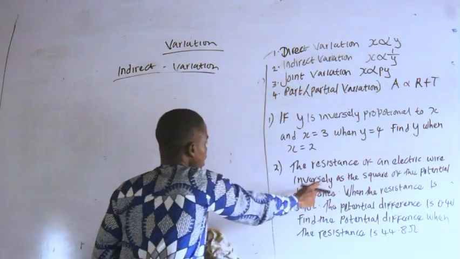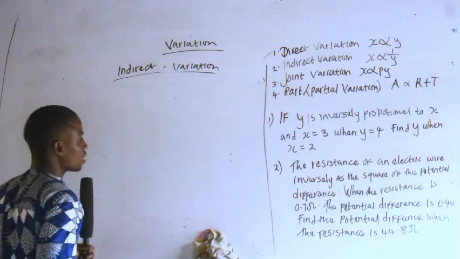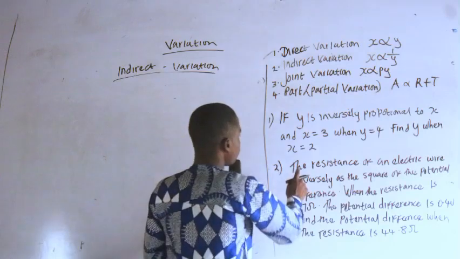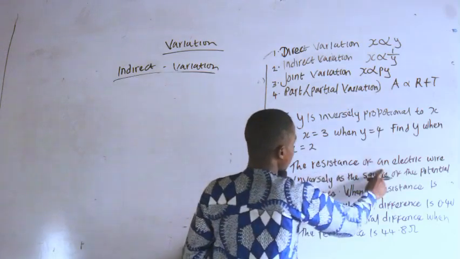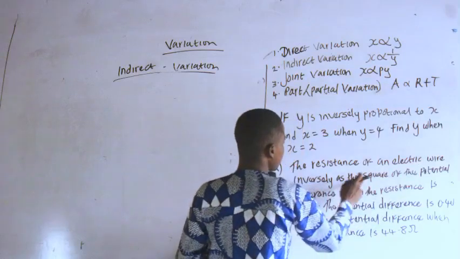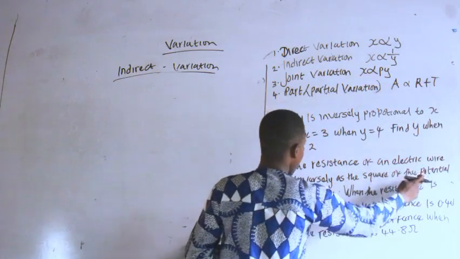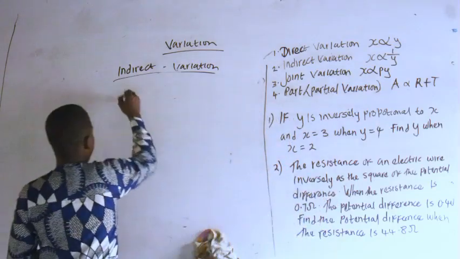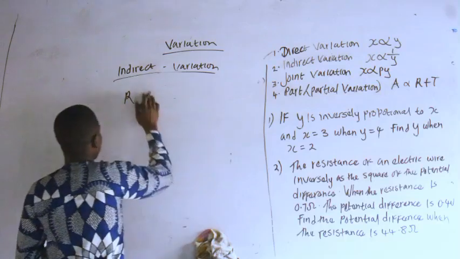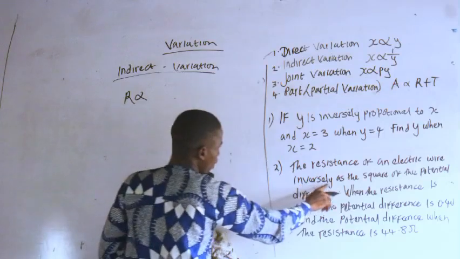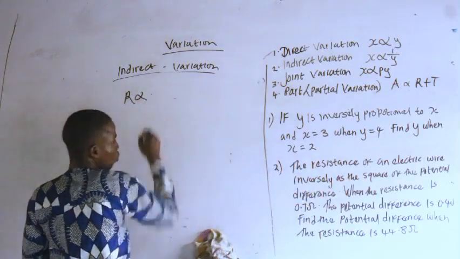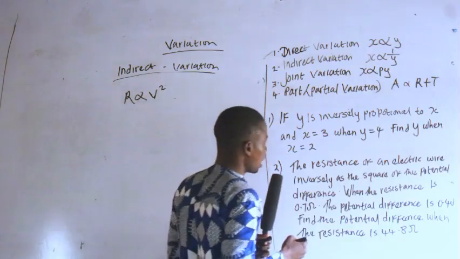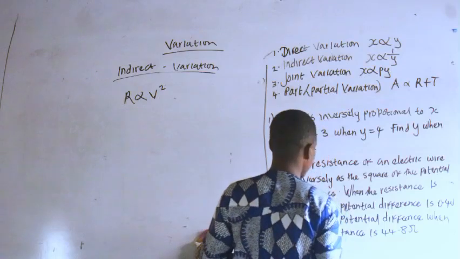Now, if the resistance of an electric wire varies inversely as the square of the potential difference, our R is inversely proportional to V squared, the square of the potential difference.